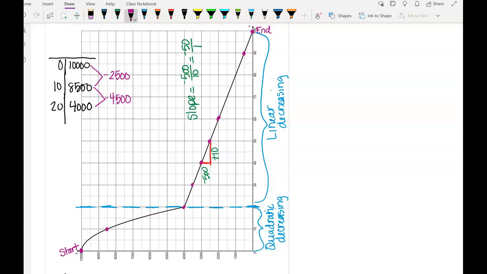From 2,500 to 4,500 would be a minus 2,000 if we were to look at the second difference. But we would need more points there, but we can kind of see a pattern. Again, we're only seeing a very small portion of that.